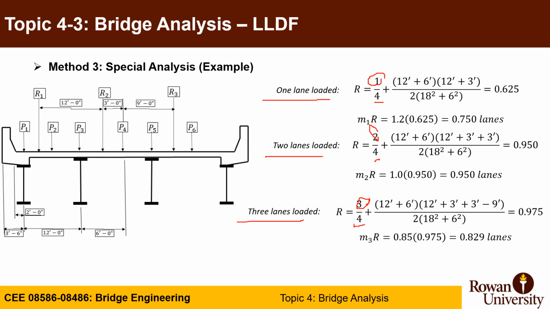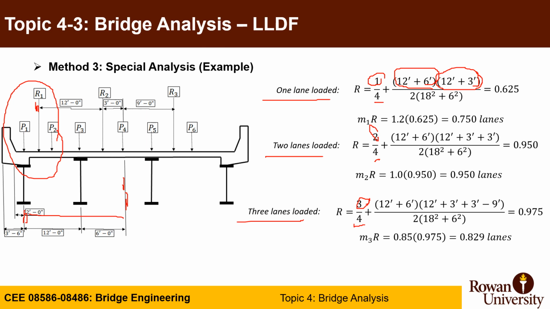You have the part of the equation that gives you the distance between, if you have only one truck, you will multiply the distance between R1 and the centroid, which will come to be 15, 12 plus 3, 15, times the distance between the exterior girder to the centroid, which is 12 plus 6.